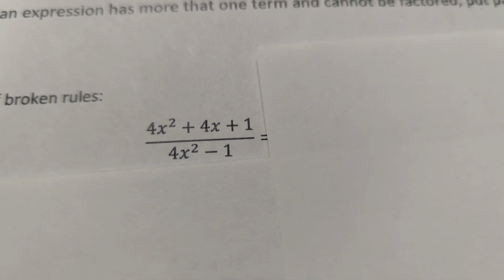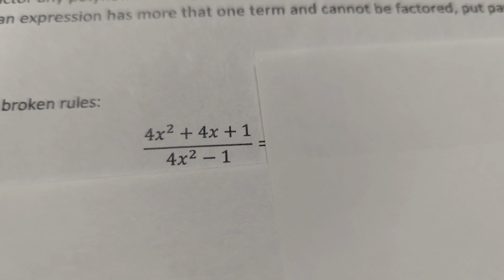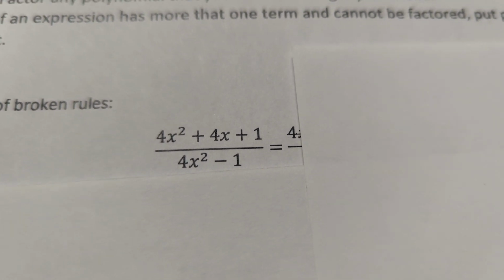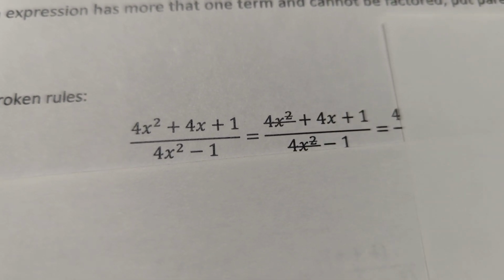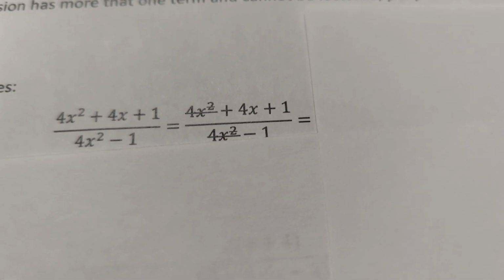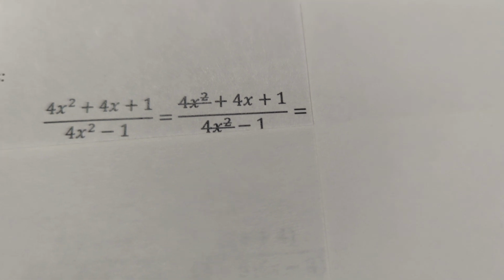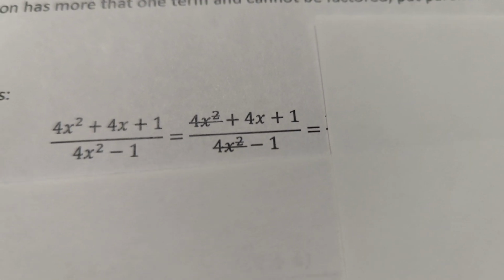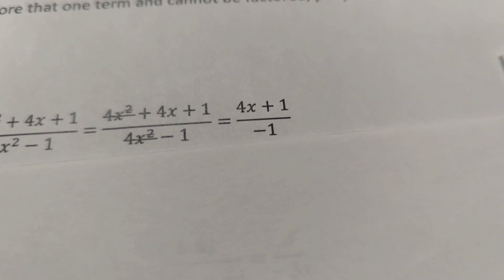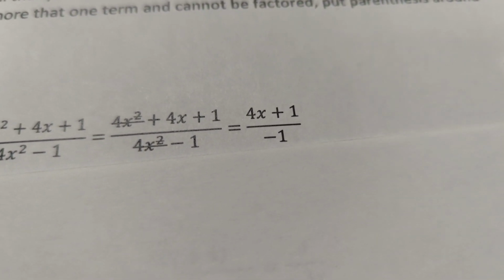We've got 4x squared plus 4x plus 1 all over 4x squared minus 1. An example of a broken rule is where this person canceled out the 4x squared on top with the 4x squared on bottom to get 4x plus 1 over a negative 1.